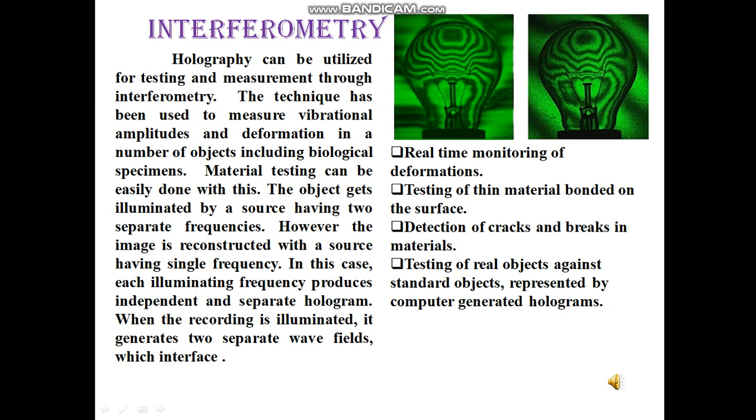Holographic interferometry can be successfully used for the following purposes: real-time monitoring of deformations, testing of thin material bonded on the surface, detection of cracks and breaks in materials, testing of real objects against standard objects, represented by computer-generated holograms.